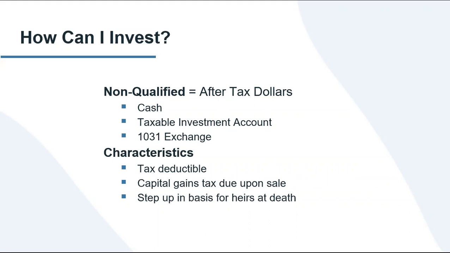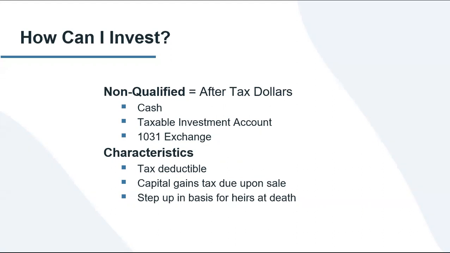One unique characteristic of a real estate property that's purchased with after-tax dollars is called step-up in basis rules. And so step-up in basis means that at my death, if I leave my rental property to my three daughters, the value for capital gains tax actually goes up to market value. So if, let's say I bought a property for $100,000, I passed away, and I leave it to my daughter, and it's now worth $200,000 at market value.